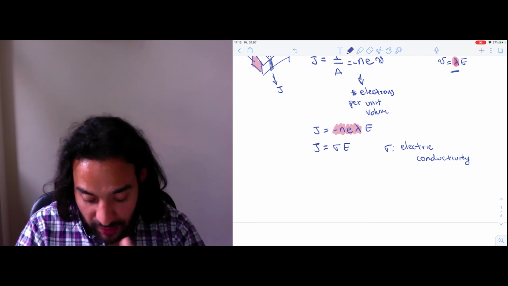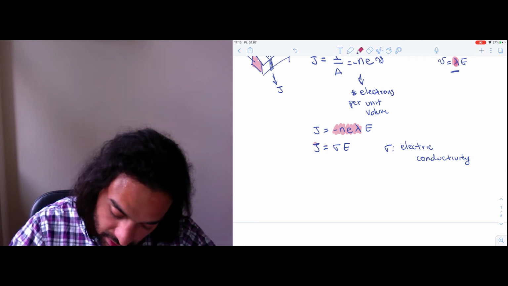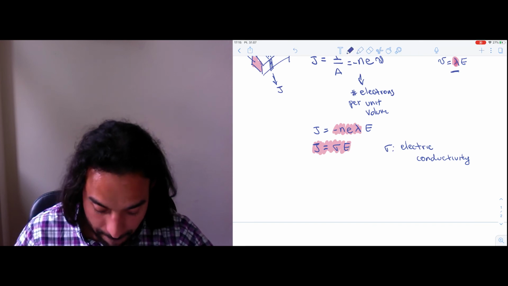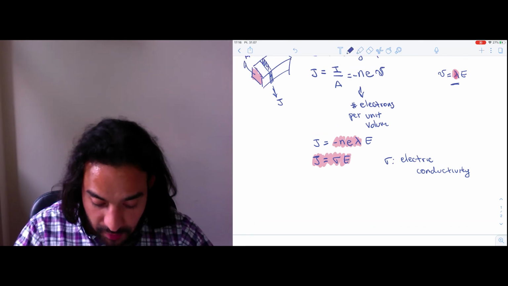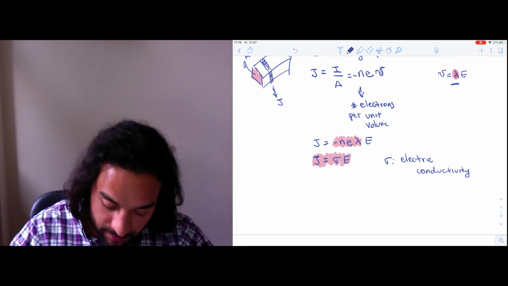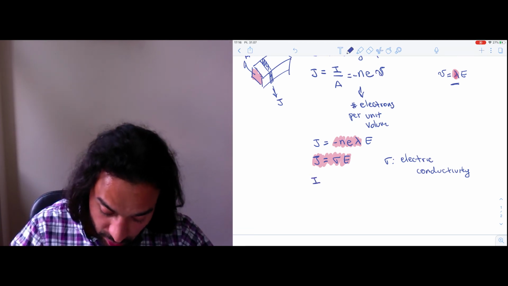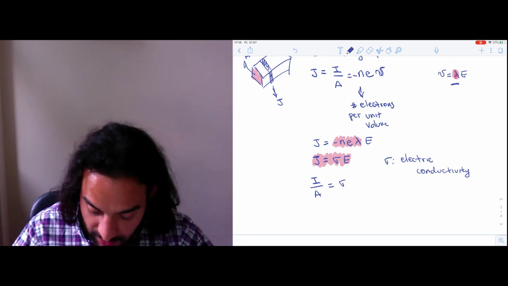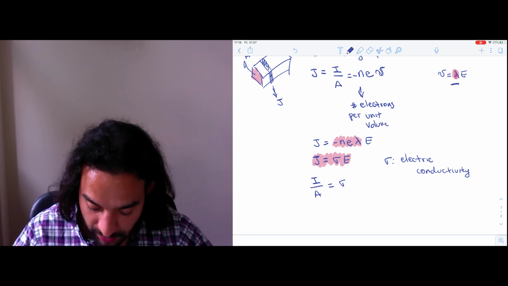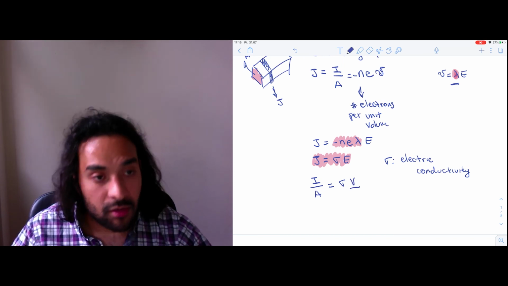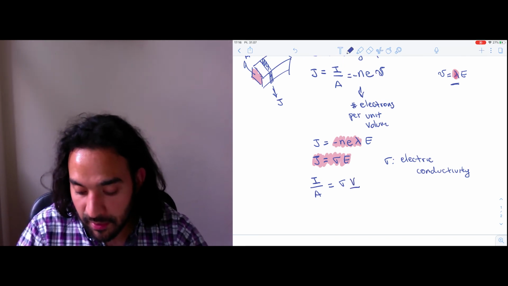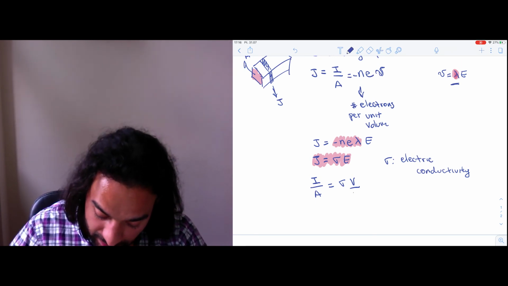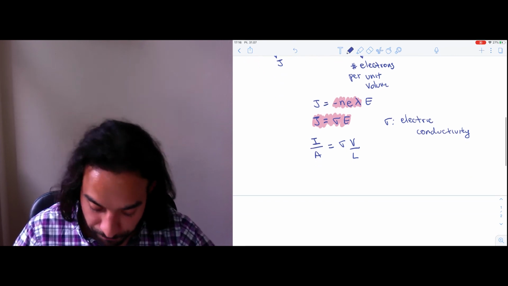Right, but the point is that we have found this very nice relation between the current and the electric field, right? So we have found before that this density of current was given by the current divided by the area, and we also know that the electric field can be expressed in terms of the potential, that we call V instead of delta V, because potentials are always a difference of potential, divided by the length of the material, right?